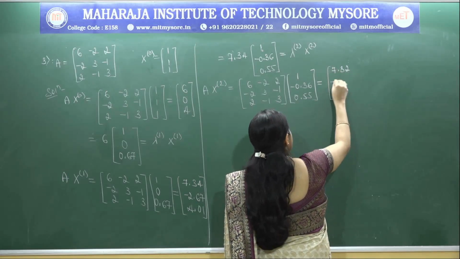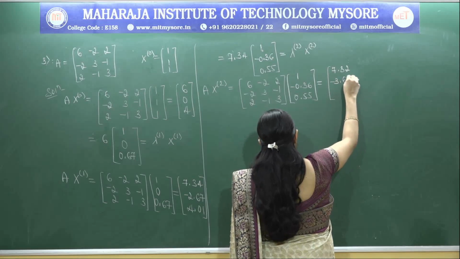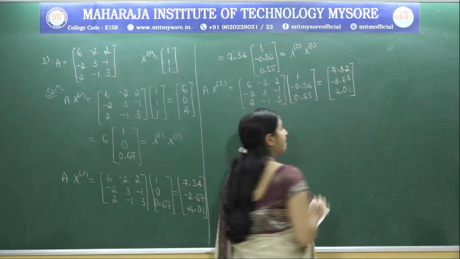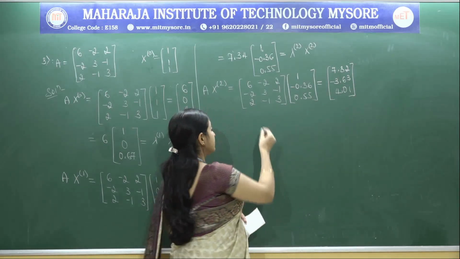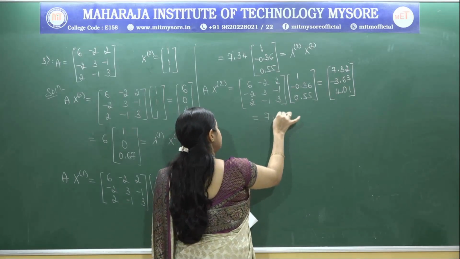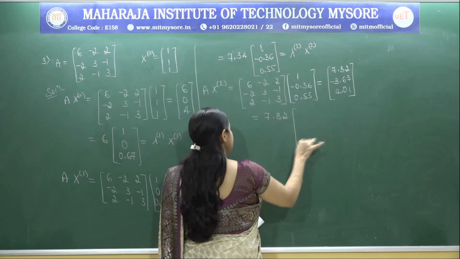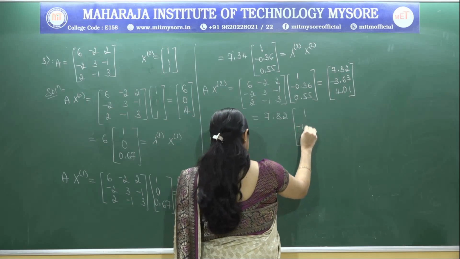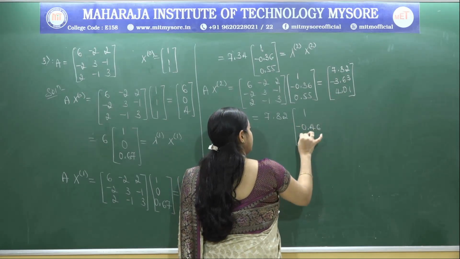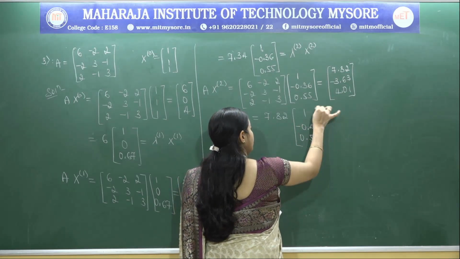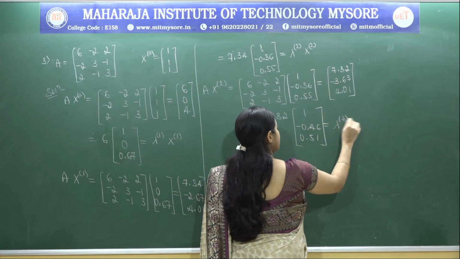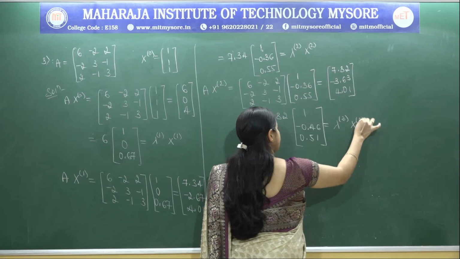The second one, minus 3.63, 4.01. So in this, 7.82 is the largest entry, keep it outside. We will get 1 as the first term, second 0.46, the third one 0.51. So it is lambda third iteration with x of 3.